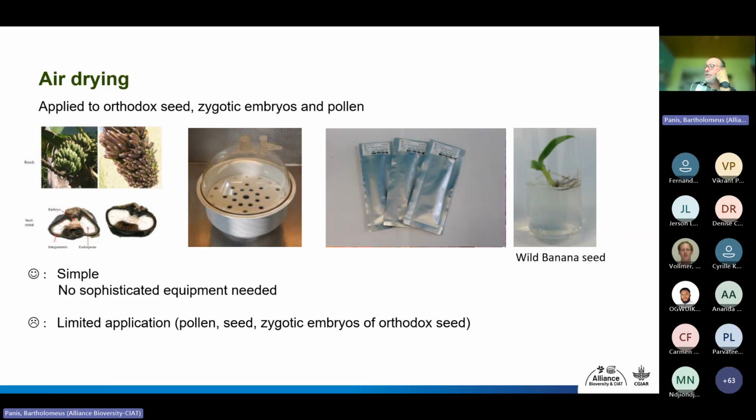So this is just air dehydration and storage in liquid nitrogen. So it's simple, but not applicable to many tissues, because you need to be able to dehydrate your tissue until moisture contents of around 10%, and most hydrated tissues do not withstand that.